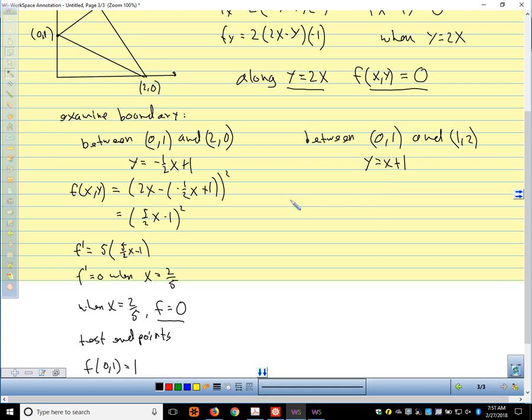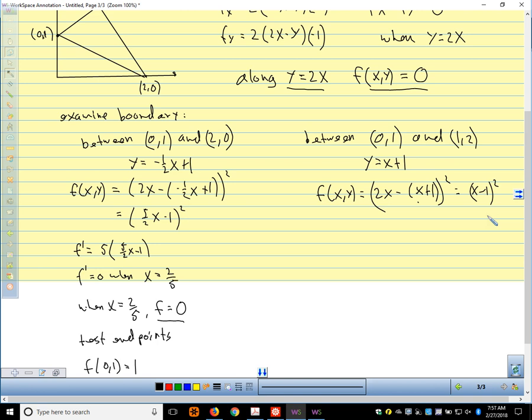So f of x, y, when we substitute into our simplified function, becomes 2x minus x plus 1, quantity squared, which is x minus 1 squared.